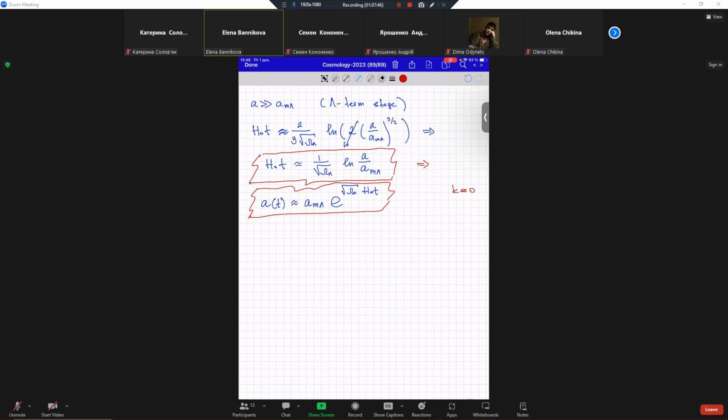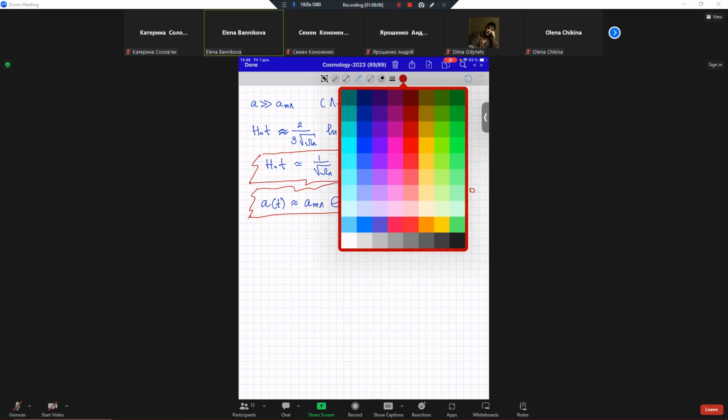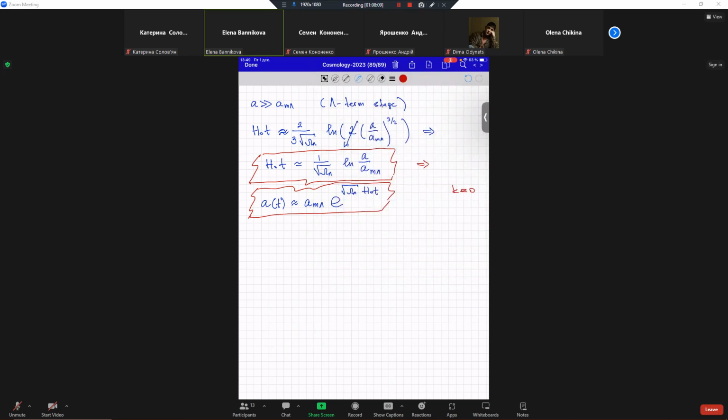What we can use it for, for example, is to find now the time when we had this transition from the matter stage to the lambda term stage, to dark energy. So let's find now t_mΛ. What is it?